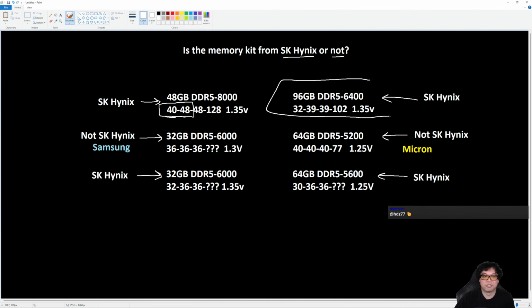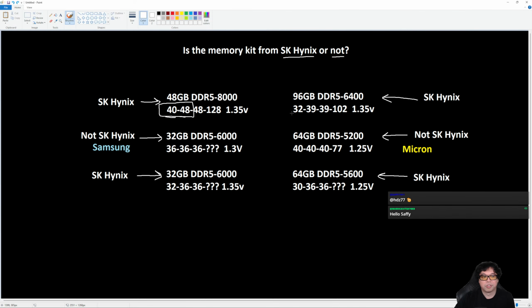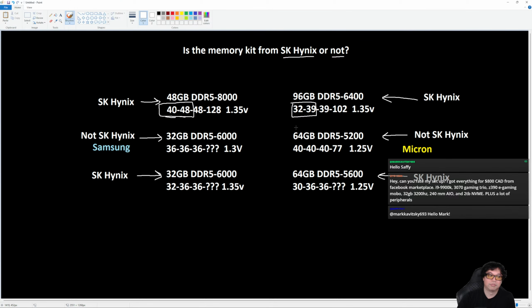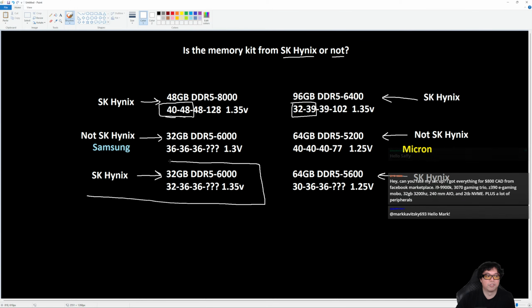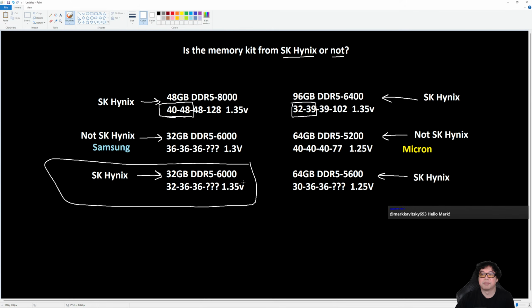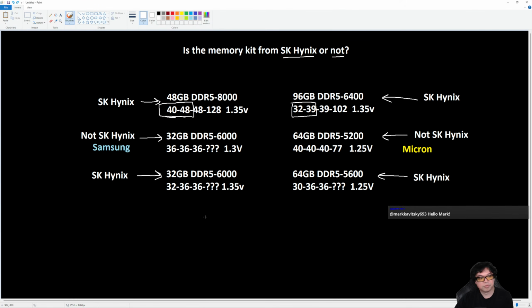Let's look at this other one that is also SK Hynix. 32 and 39. 32 and 39 are not equal to each other. Now let's look at this other one down here, which is also SK Hynix, free memory via the Micro Center bundle, and it's pretty good memory too. 32, 36. These are not equal.